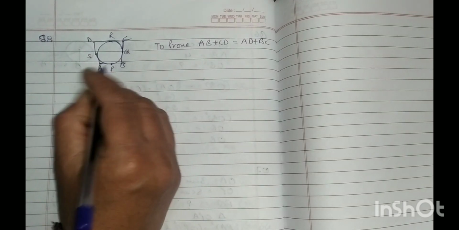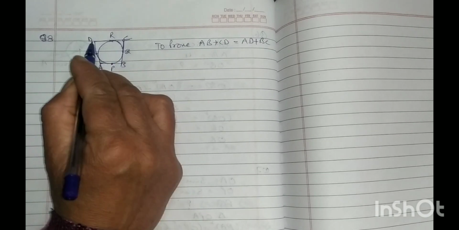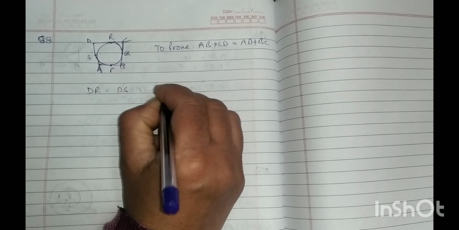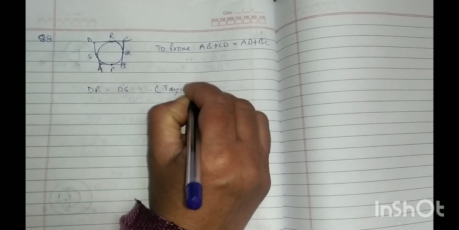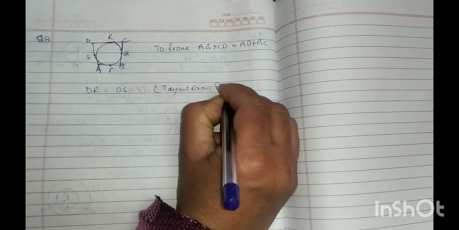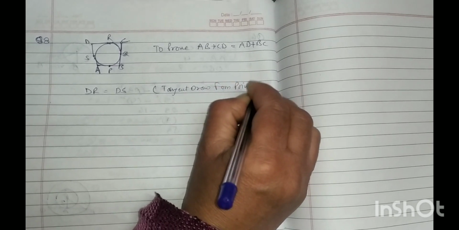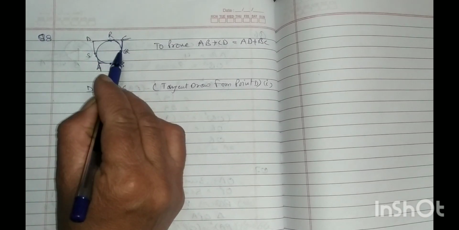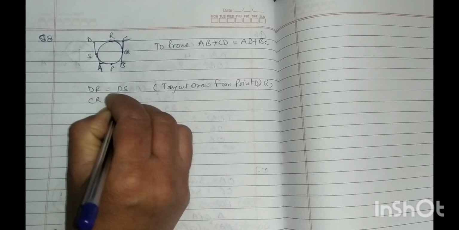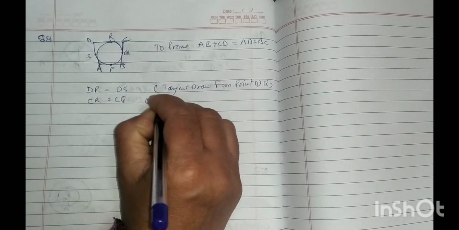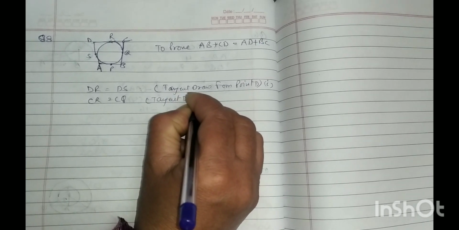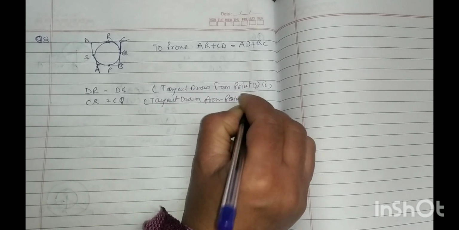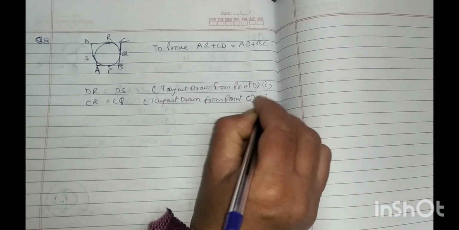Here DR equals DS, tangents drawn from point D. Equation 1. CR equals CQ, tangents drawn from point C. Equation 2.